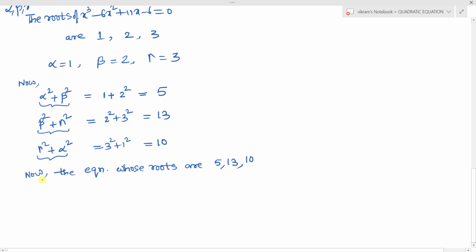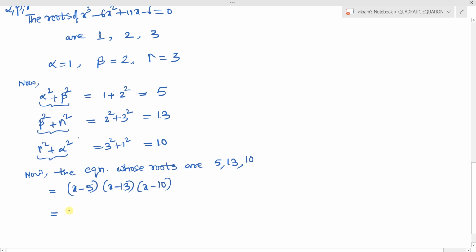We know that if p, q are the roots of an equation, we can write that equation as x minus p into x minus q into x minus r. Now if we simplify this, we will get the required result.